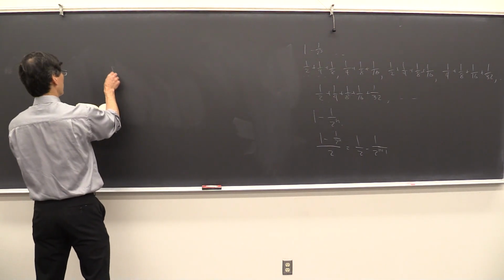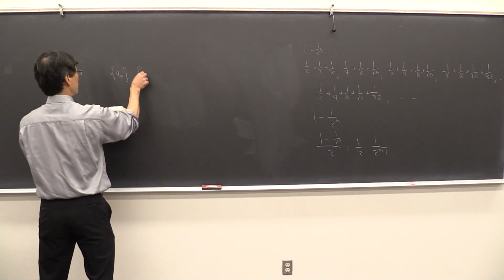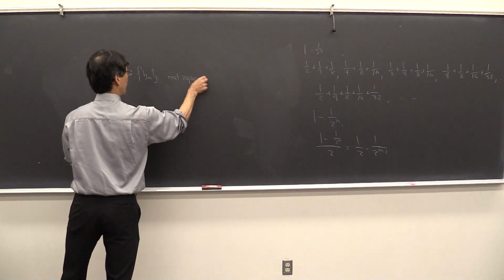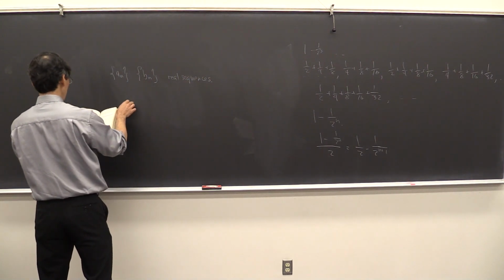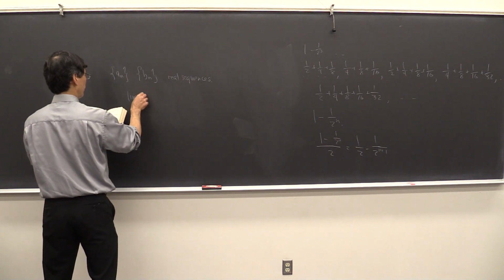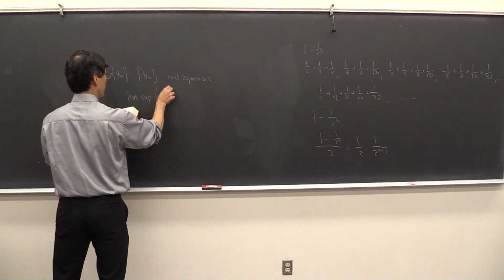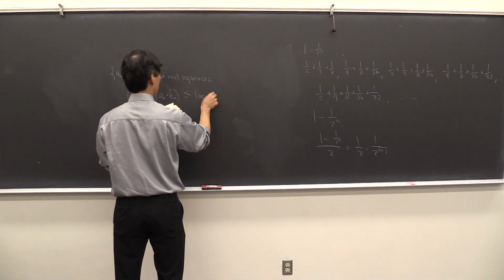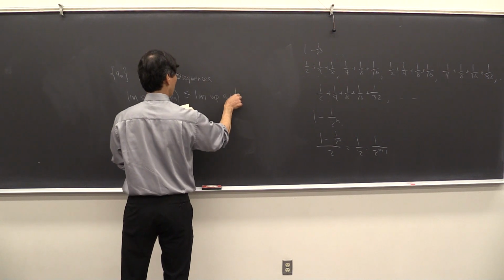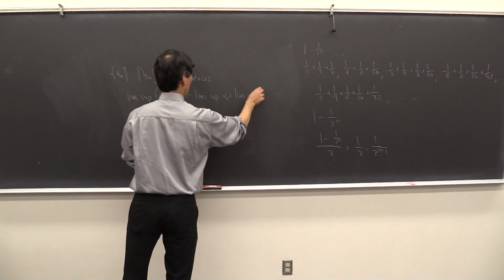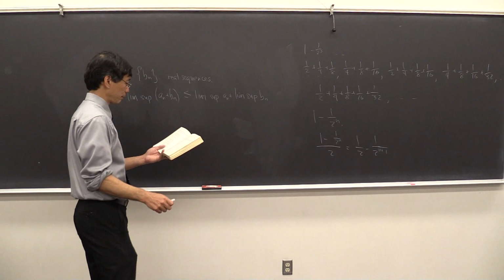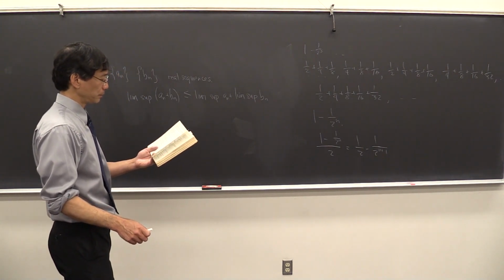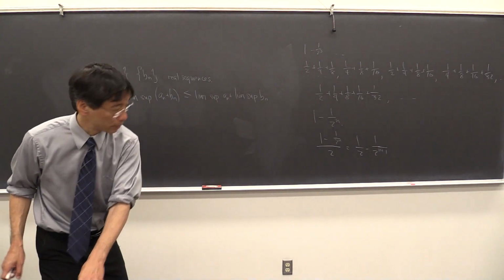Okay. So we have 2 sequences, and we want to show that the lim sup of the sum is less than or equal to the sum of the lim sups of those guys.